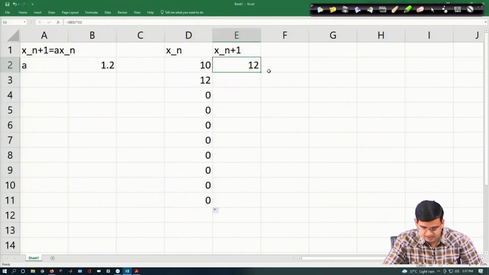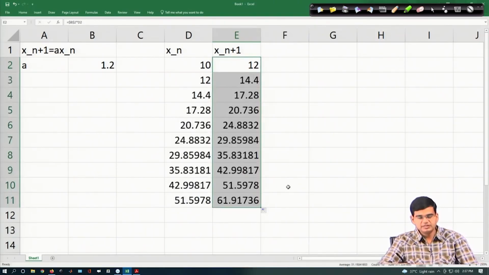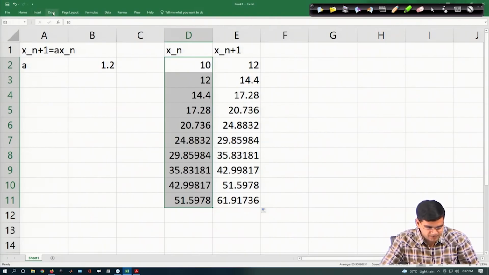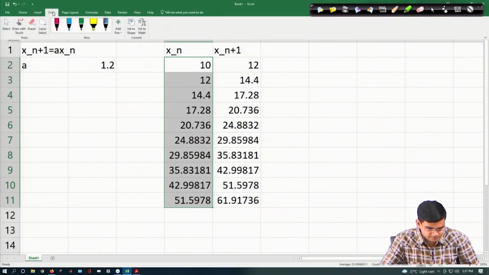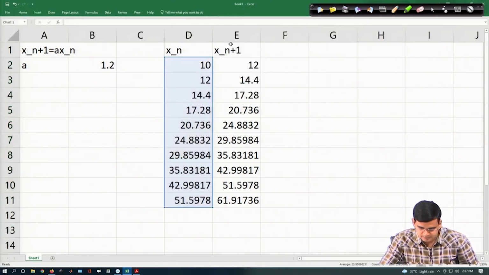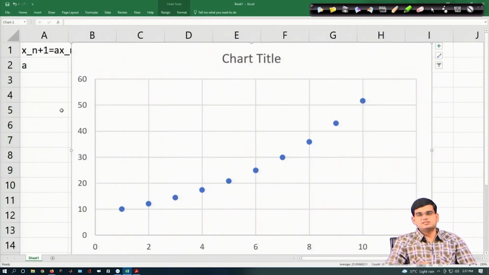So, let me determine the evolution, and what you can see here as x n is the evolution of the population. So, let me see if I can draw the plot. Insert. And see, this is the evolution of your population, right.